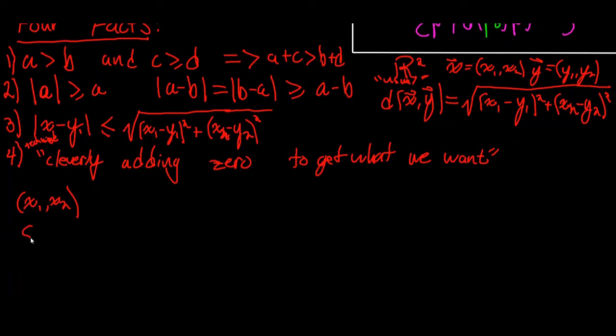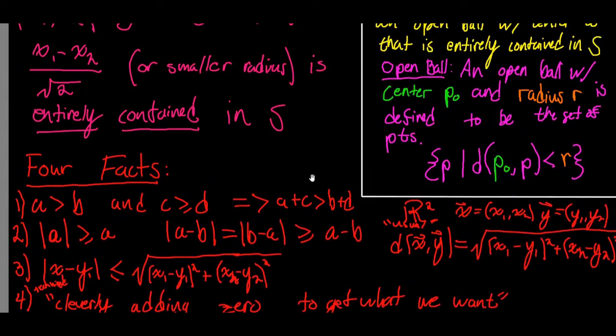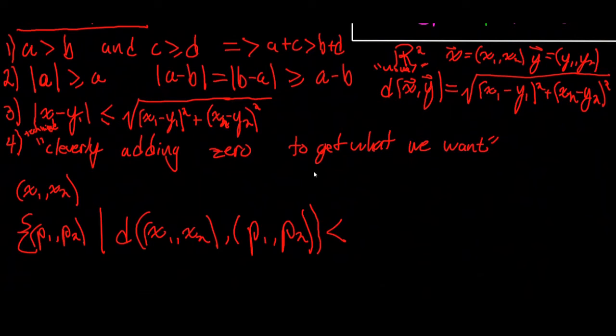Any point in this open ball, all points p1, p2, such that the distance between x1, x2 and the point p1, p2 is less than that radius that we talked about way upstairs and last time that we derived, which is less than (x1 minus x2) over square root of 2.